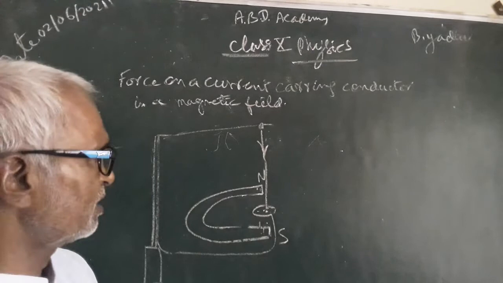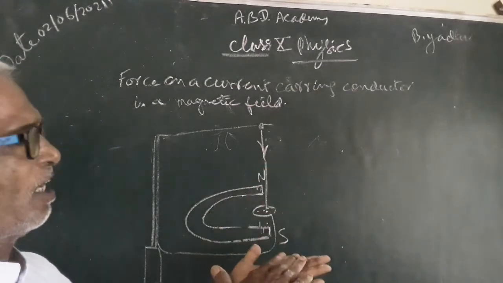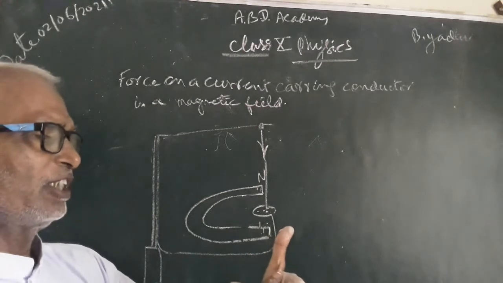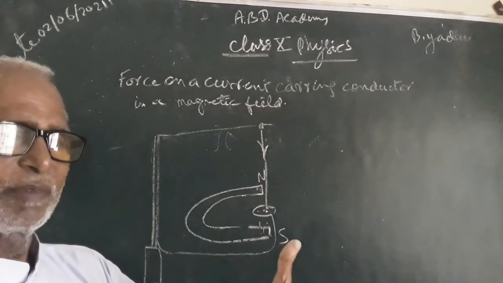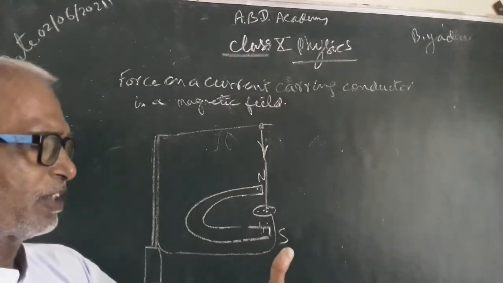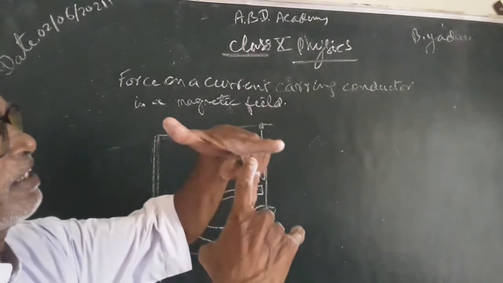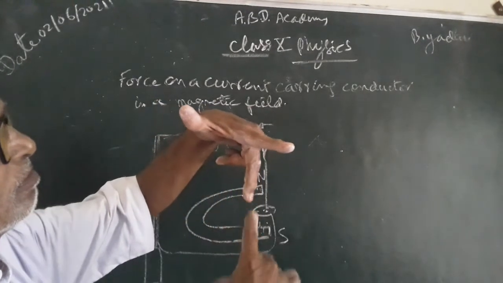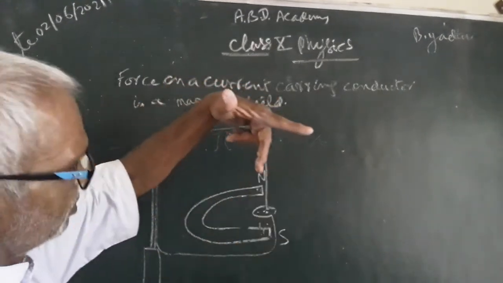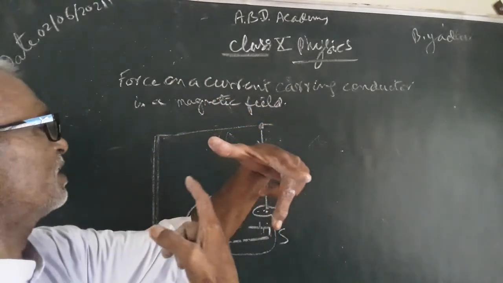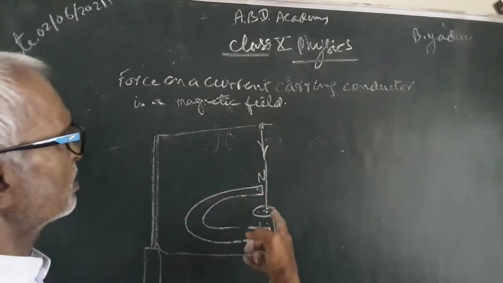So see, students, horizontally here is the north pole, south pole, so the magnetic direction is from east to west here. The first finger represents this, and current is from top to bottom, downward. Then the thumb will represent the direction in which this wire will go.